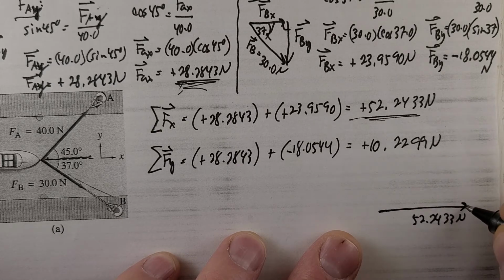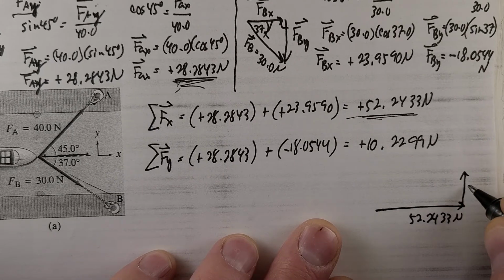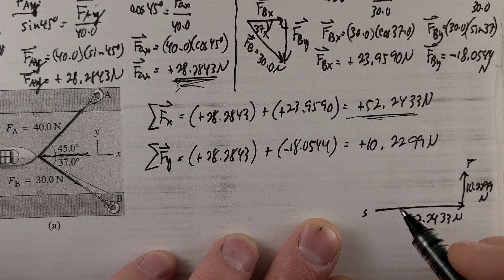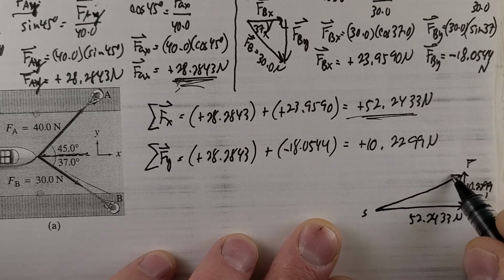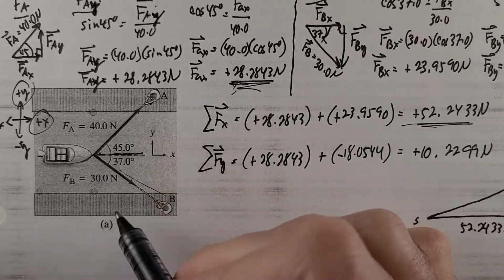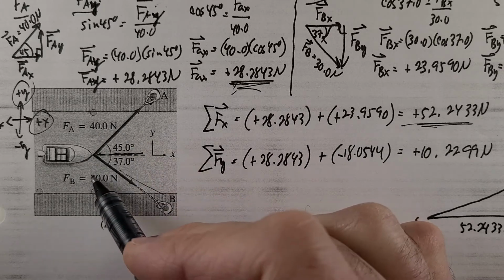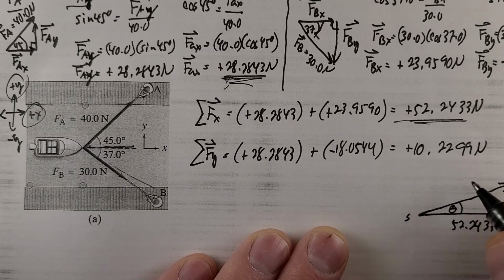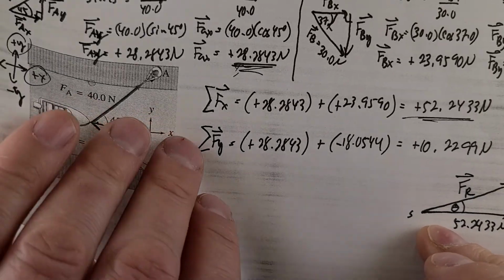And then from there, 10.2299 newtons. So start to finish, my overall vector is going to look like that. You can see that this guy here is slightly stronger than this one, pulling at 40 versus 30. And of course we have that angle here, and we can call this F the resultant force.